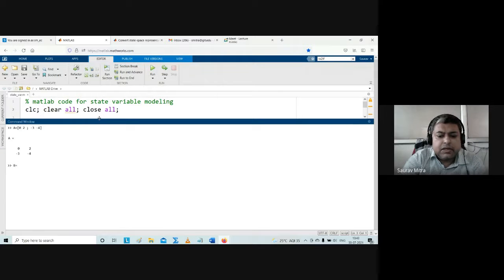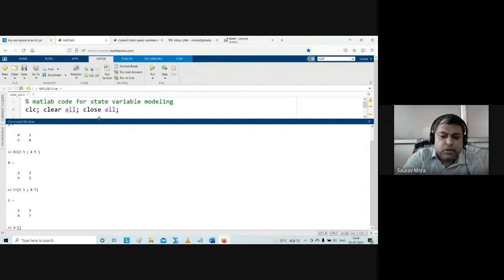Then B matrix is equal to, so let us define a two-dimensional B matrix and two-dimensional C matrix. Okay, let all the matrices be two-dimensional, like this. D matrix is also two-dimensional.